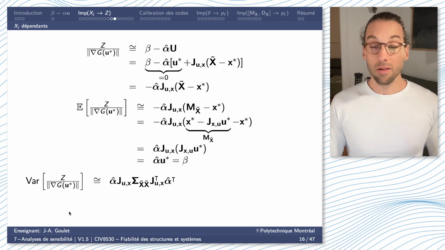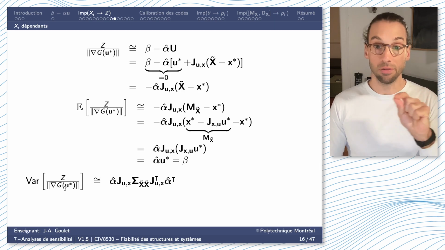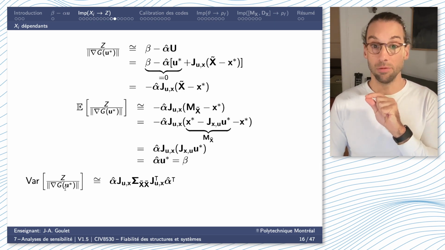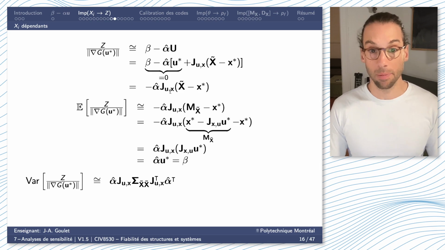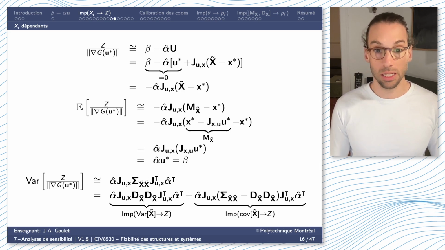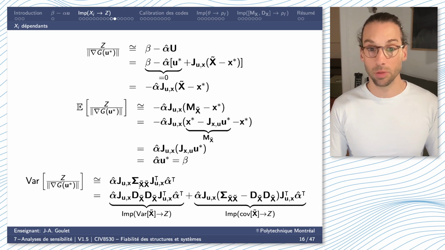Now, if we look at the variance of this, this is what we used previously in order to quantify the relative importance of each of our random variables. If I apply it to the same thing here, I'm going to have alpha, Jacobian, the covariance matrix, and the same thing transposed. So I'm going to break down this covariance matrix into two terms.